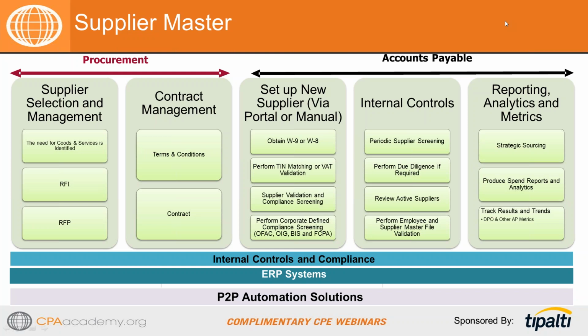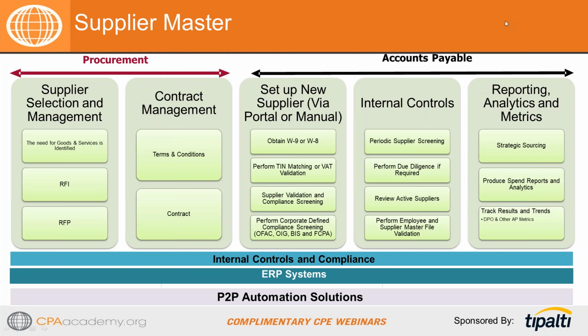And one of the key things that adds quite a few steps to the supplier onboarding process is supplier validation and compliance screening. What occurs there is really to focus on the main compliance regulations that your company has. Typically, the most common one to focus on is OFAC, which stands for Office of Foreign Assets Control.